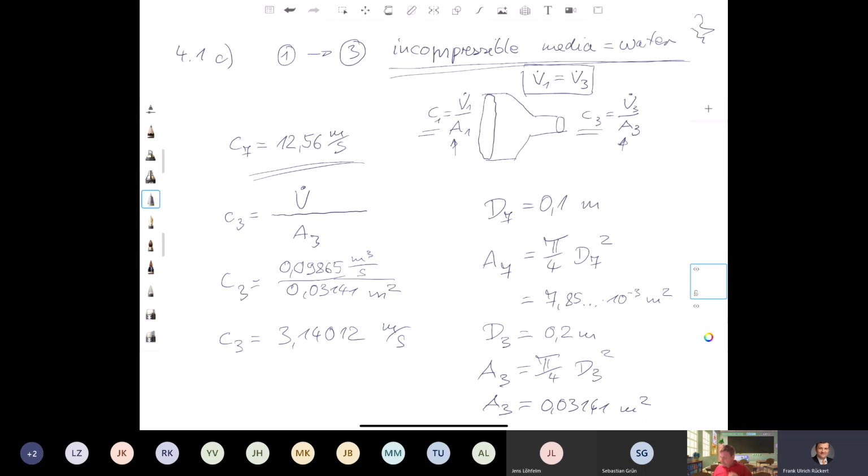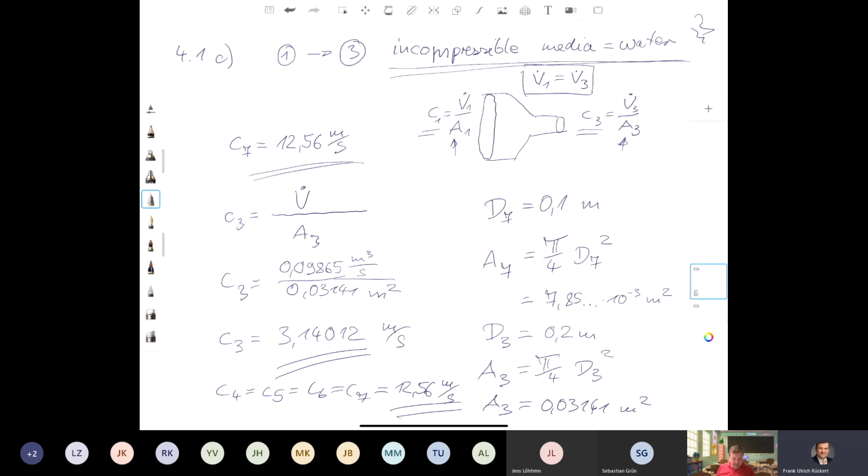So at position 3, the velocity is a bit lower, and at position 4, 5, 6, 7, it's everywhere the same because we don't have a diameter change. Everywhere it's 12.56 meters per second. It will not change because the diameter will not change.